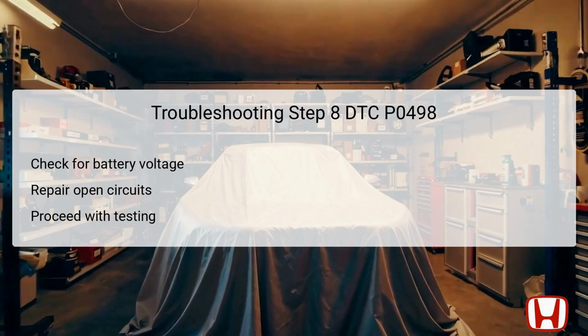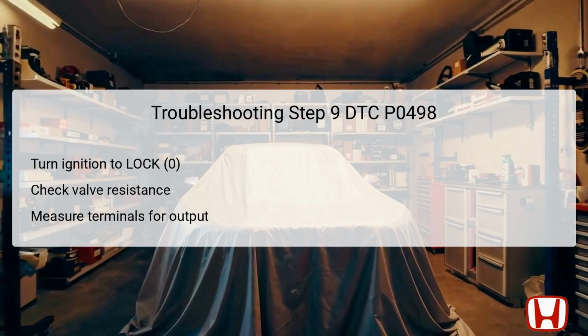Repairing any open circuits is essential to restore proper voltage to the vent valve, as a loss of power can create erroneous conditions that lead to DTC P0498. Once repairs are made, technicians should ensure to perform further testing to confirm that the issue is fully resolved and that the valve is functioning correctly.